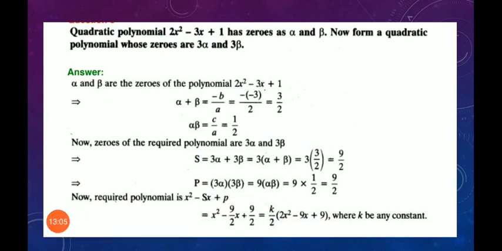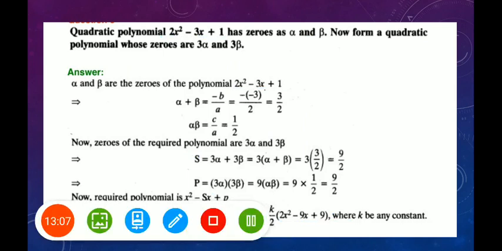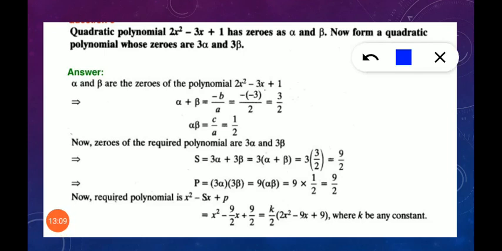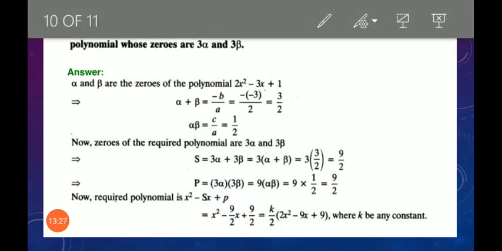So the required polynomial that we are getting is x square minus 9 by 2 x plus 9 by 2. You can leave till here also, no need to further solve it. This is also the correct answer. Understood? Okay, moving towards the next question.